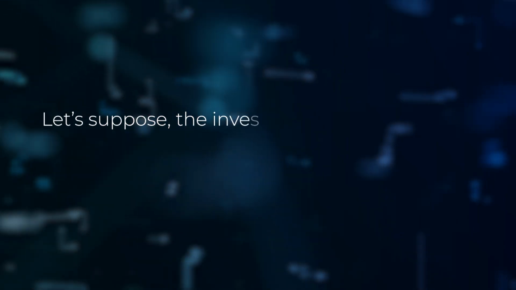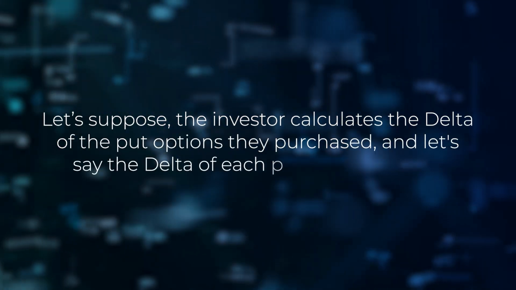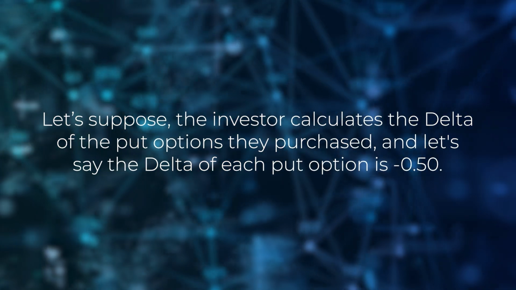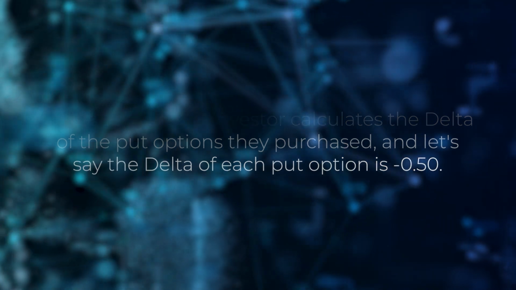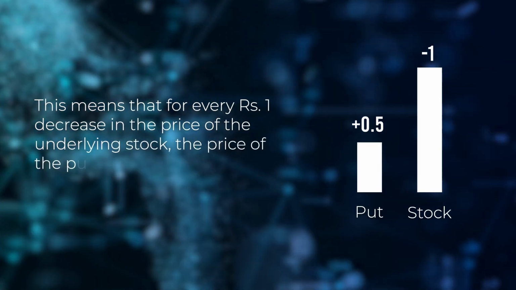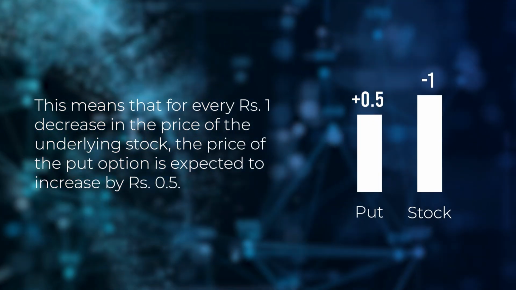Let's suppose the investor calculates the delta of the put options they purchased, and let's say the delta of each put option is minus 0.50. This means that for every rupee 1 decrease in the price of the underlying stock, the price of the option is expected to increase by rupees 0.5.